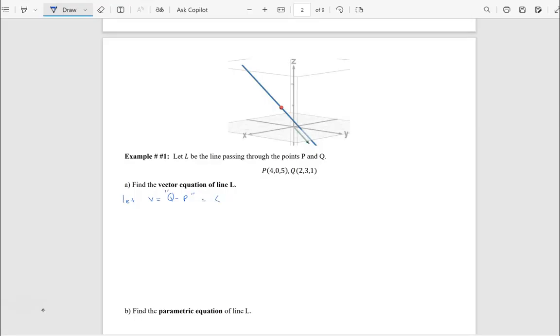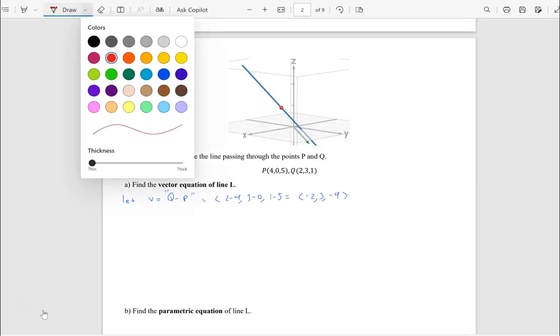Q minus P is the vector 2 minus 4, comma, 3 minus 0, and 1 minus 5, which gives us the vector in component form of -2, 3, and -4. So that's going to be our vector.